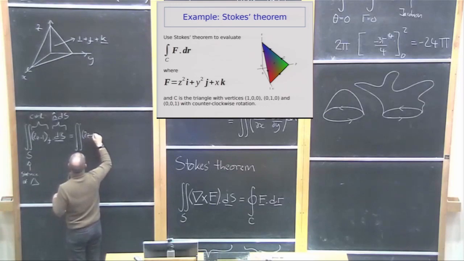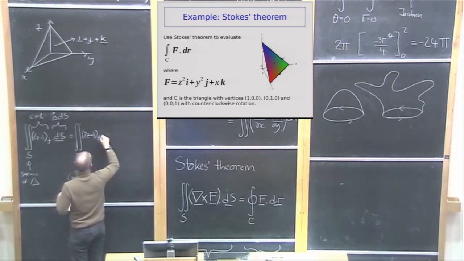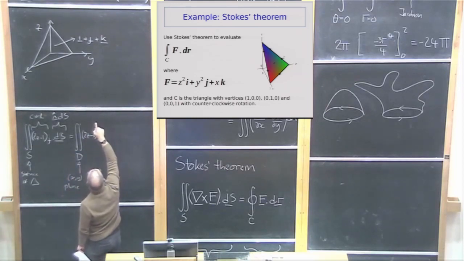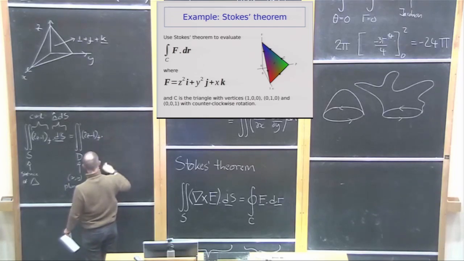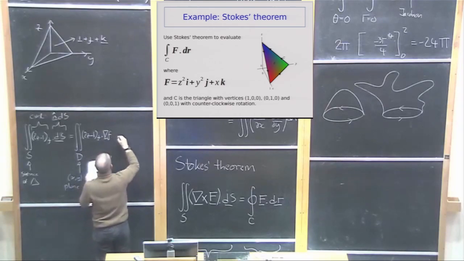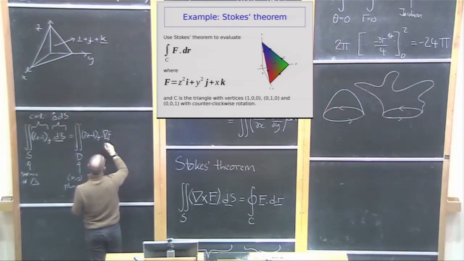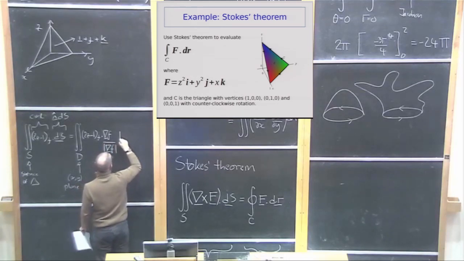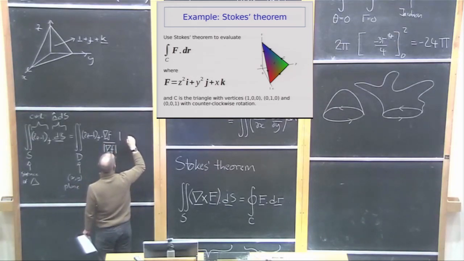2z minus 1 j, dotted with our normal, which is our gradient of f. The normalization of that exactly cancels out with our projection term.